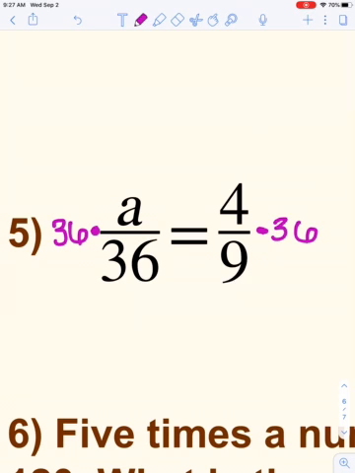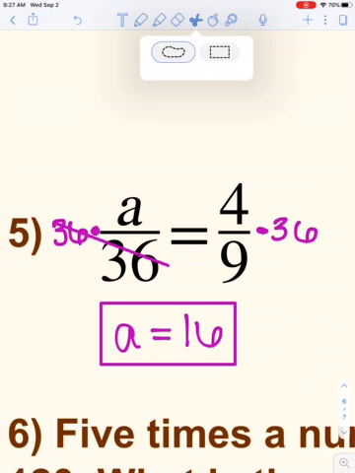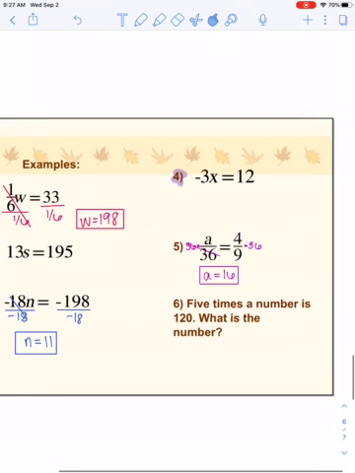On the left-hand side, anytime you multiply a fraction times its denominator, it cancels out. And that just leaves you with a equals. So whatever's on top just falls down because you got rid of the bottom. And then 4/9 times 36 is 16. Okay?